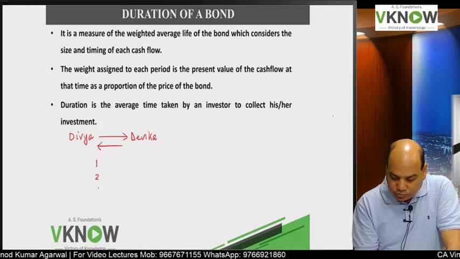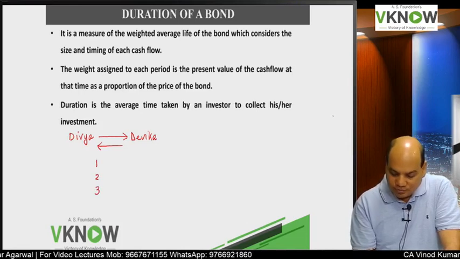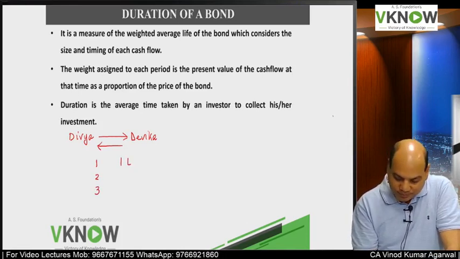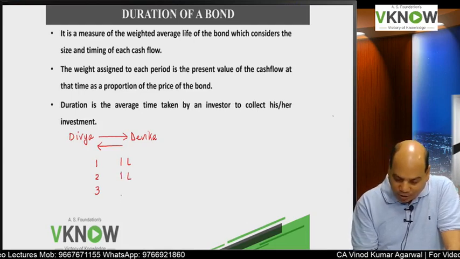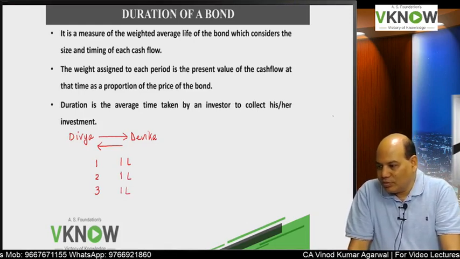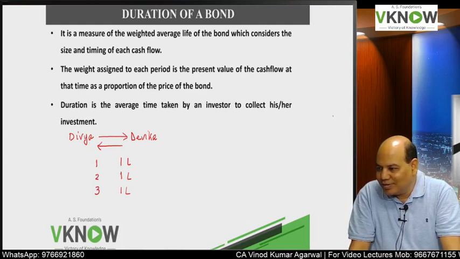But you have to pay it like this: you have to pay 1 lakh rupees after 1 year, 1 lakh rupees after year 2, and 1 lakh rupees after year 3. Devika gave a loan of 3 lakh rupees to Divya. Divya will pay 1 lakh, 1 lakh, 1 lakh in year 1, year 2 and year 3.